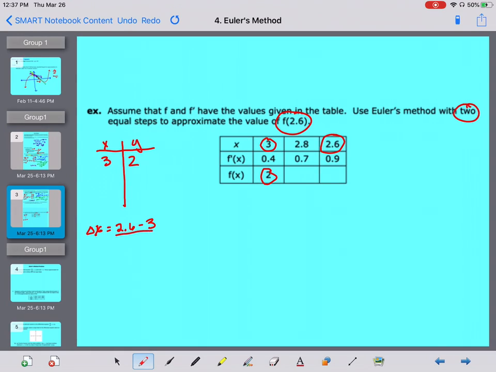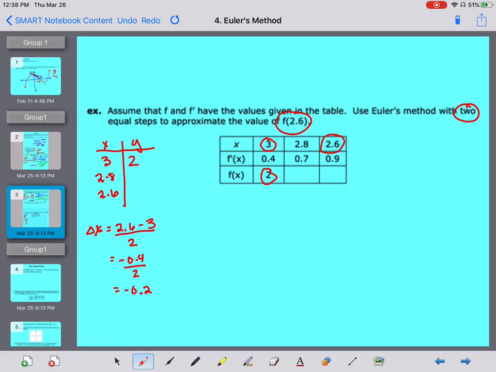That's what the problem says. So over 2, which means if we do this, we get negative 0.4 over 2, which is just negative 0.2. And you can see that in the steps, 3 minus 0.2 gives us 2.8, minus 0.2 gives us 2.6. So I already really have the x values that I need. But I do need that change of x for the formulas.